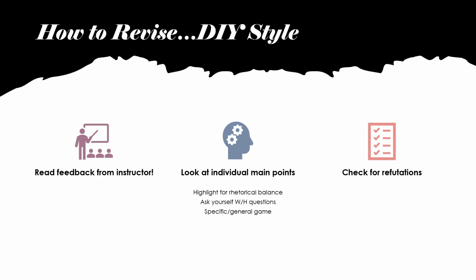Also play the specific general game. You can do this by highlighting. You can just do this by reading through and marking things, like with an S or a G, or you can just give your paragraph an overall score. But we want to have more specifics than generalities.